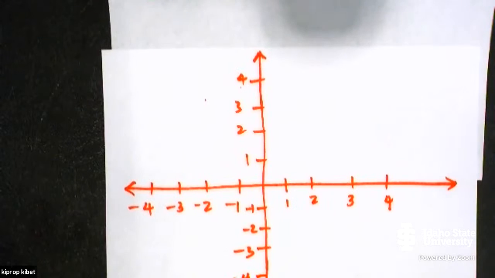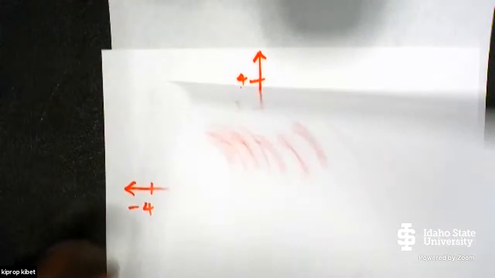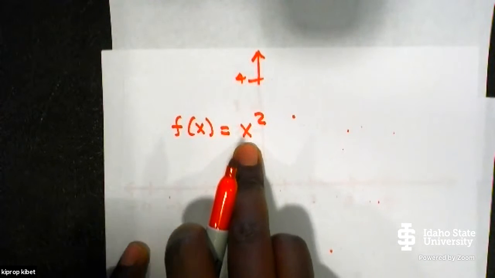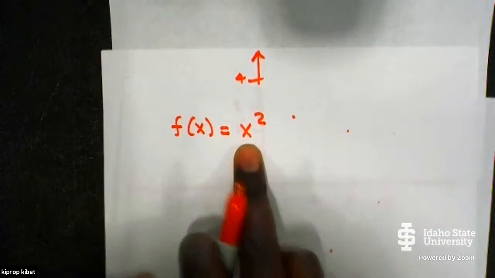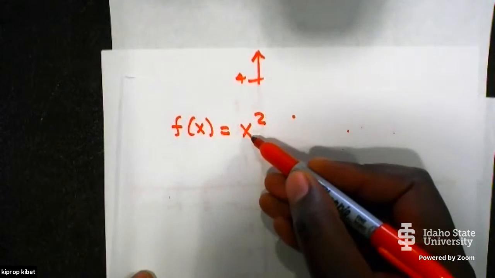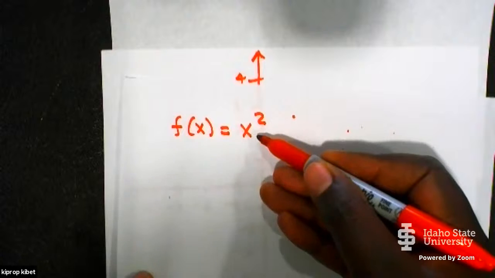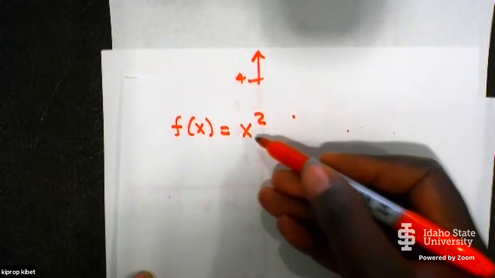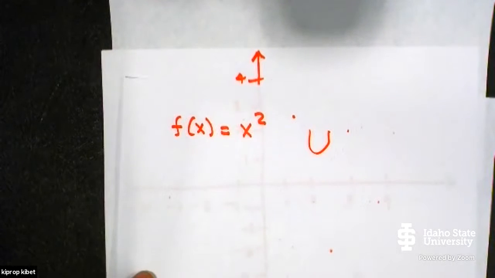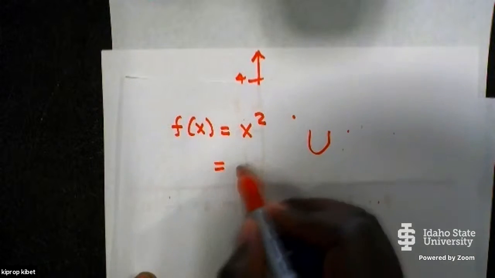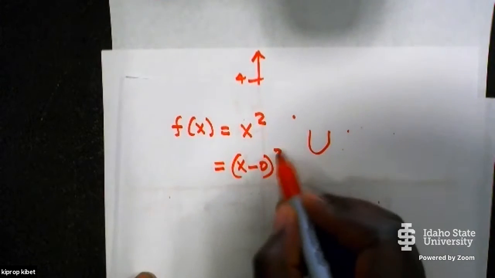So you start by drawing the function f of x equals x squared. How can we draw this? It is looking like this, right? This function is similar to x minus 0 squared, okay?